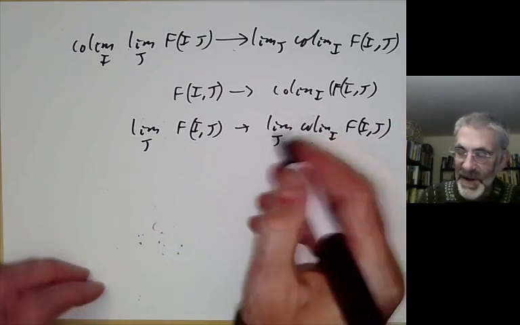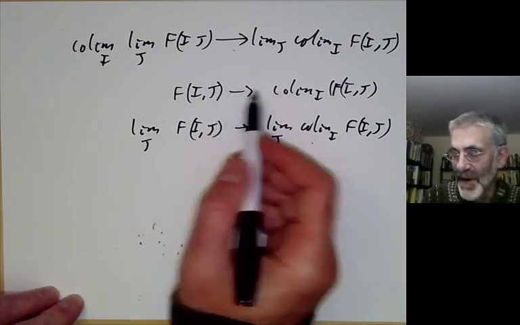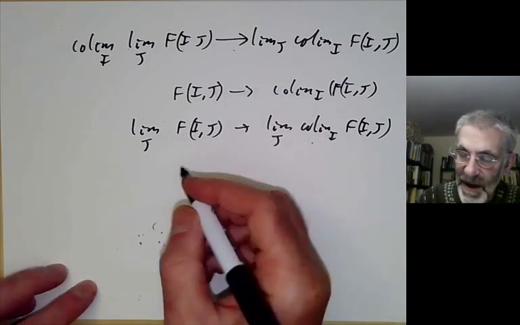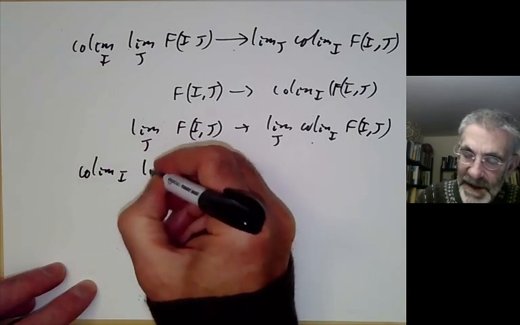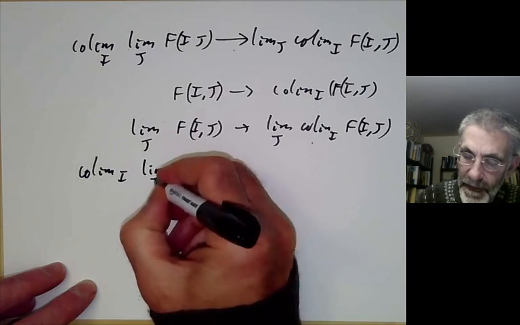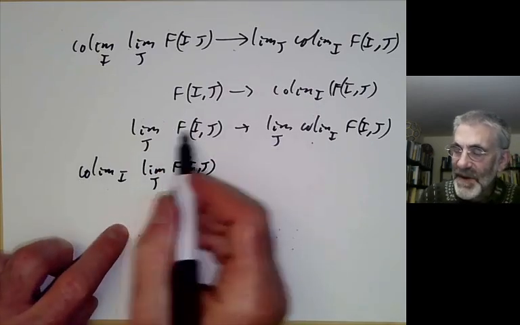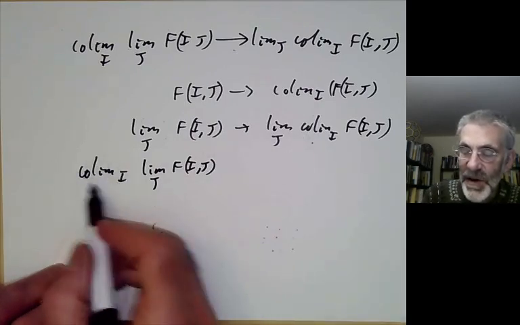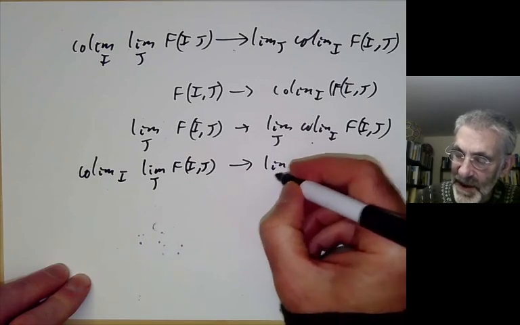Just sort of taking limits of both sides. You can check that taking limits is a sort of functor, so we get a map like this. And now you can take the colimit over I of this, and all of these maps map to this, so by definition of a colimit, there's a map from this colimit to this thing here.